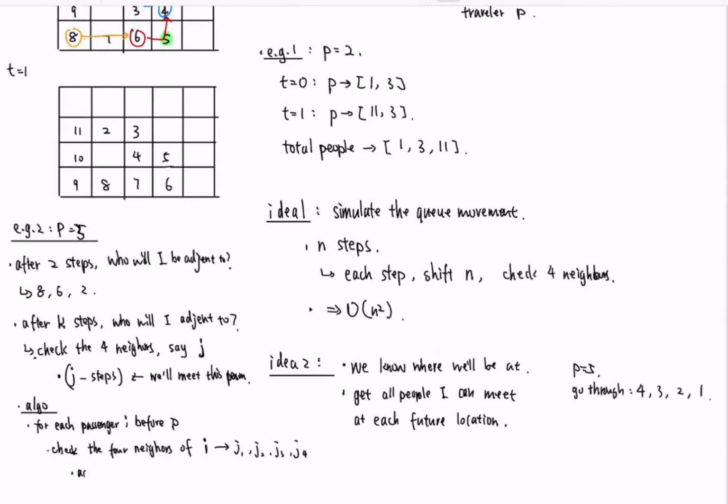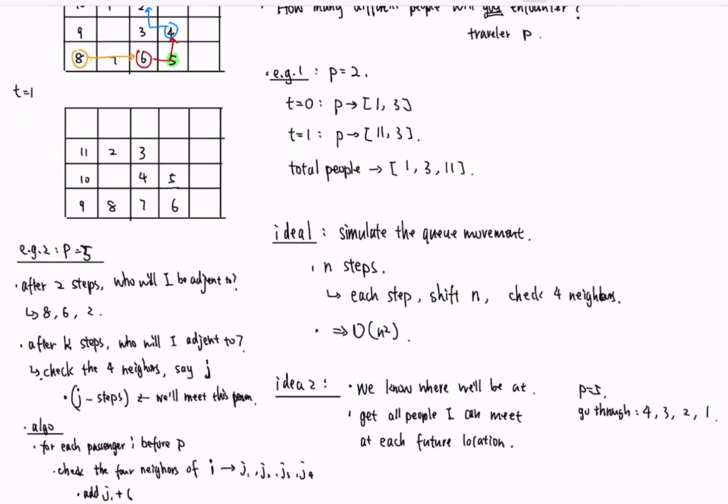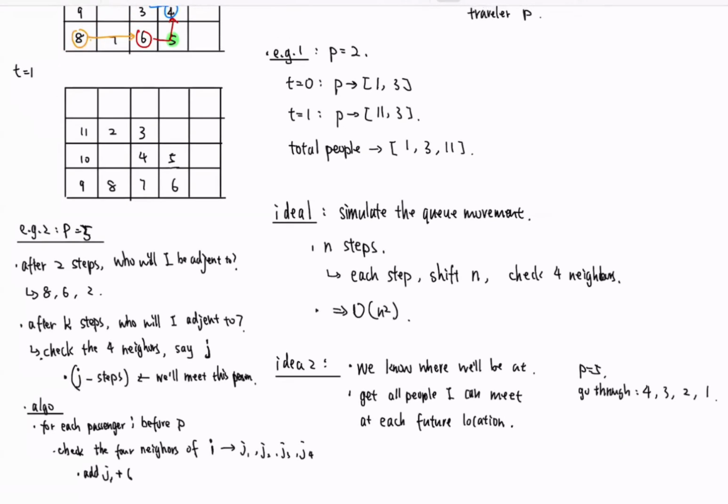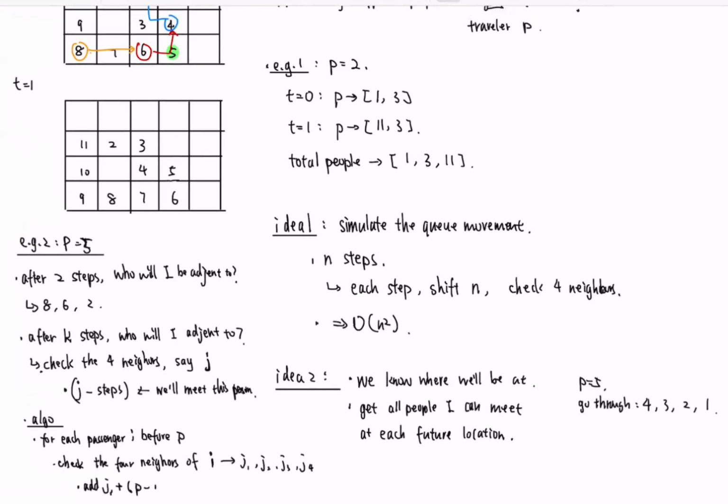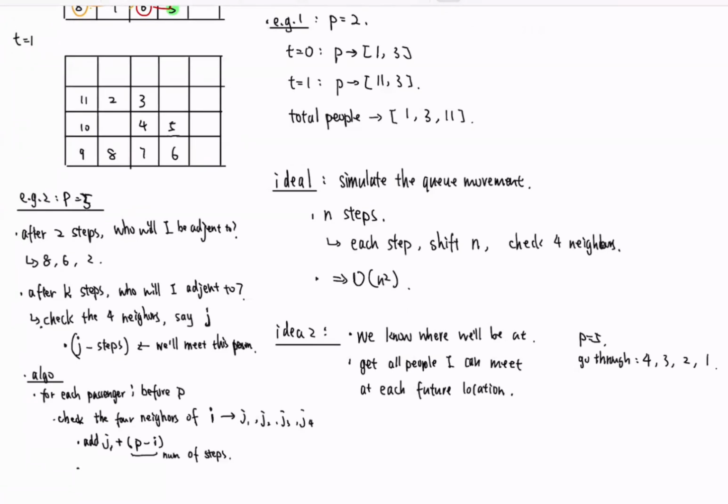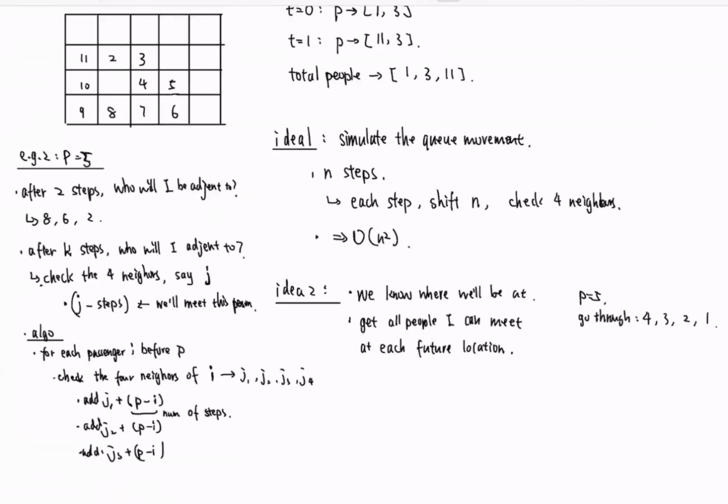We just add to J1 the number of steps we need to get there. In the example, it was 2 steps, so neighbor 6 plus 2 steps gives 8. The number of steps is P minus I. Also add J2 plus the steps, J3 plus the steps, and J4 plus the steps.